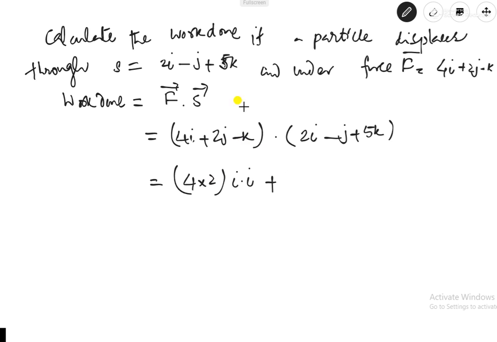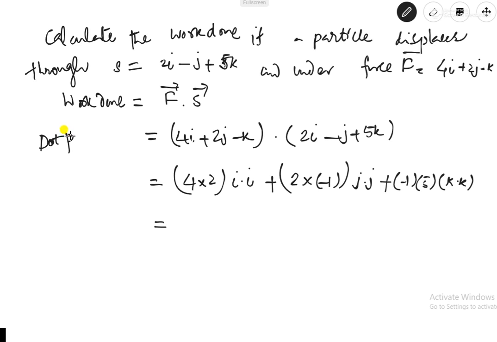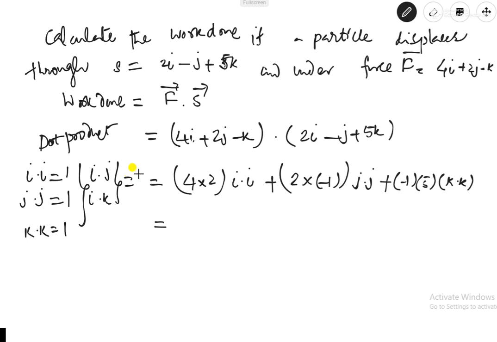So directly you can multiply 2 into minus 1 for this J, J dot J, plus minus 1 into 5, that is K dot K. This is a dot product. In dot product, we know that I dot I is equal to 1, J dot J is equal to 1, and K dot K is also equal to 1. But other things like I dot J or I dot K are equal to 0.